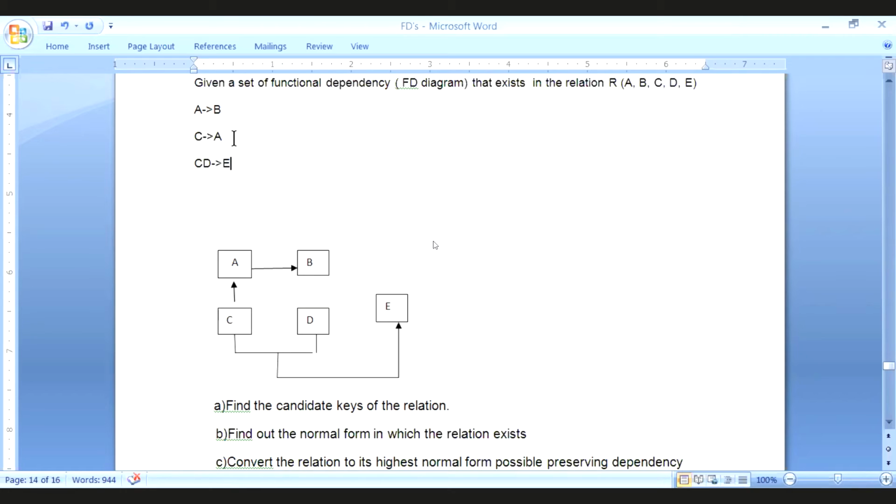All of you are doing? Yes, ma'am. Three techniques I have shown you to find candidate keys. Anyone can use whichever you are comfortable with.